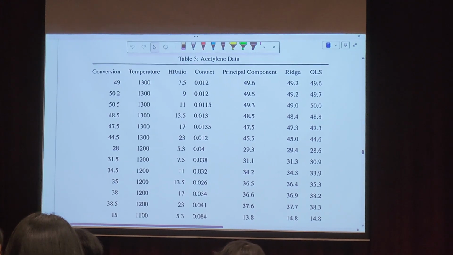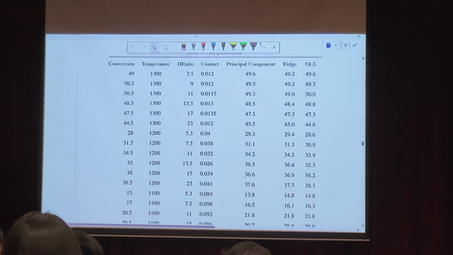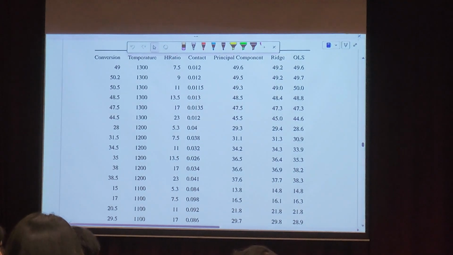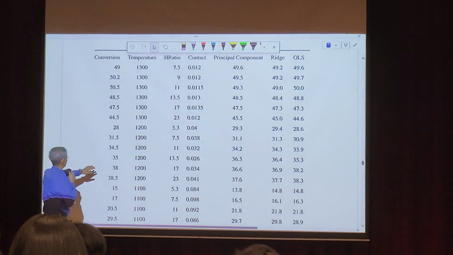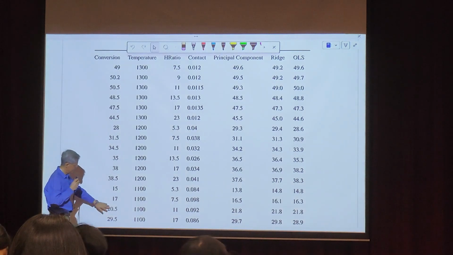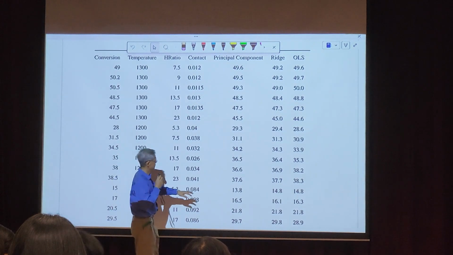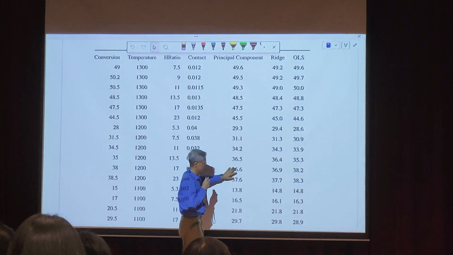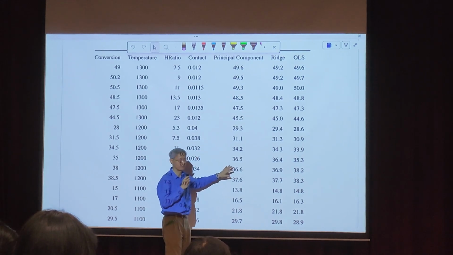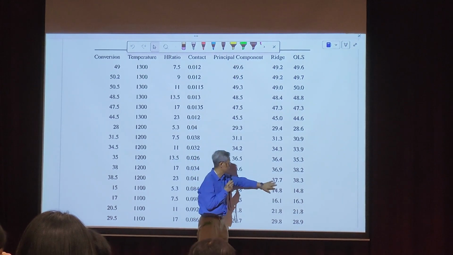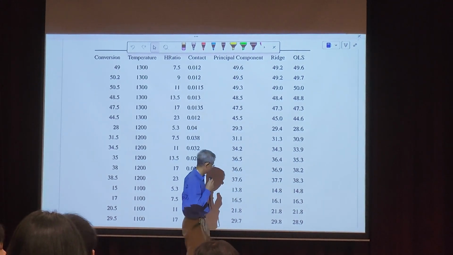So here are all the values. These are the observed values, and you need to compare with them. This is principal component, fitted using the regression coefficients obtained with this method. This is ridge, and this is ordinary least square.